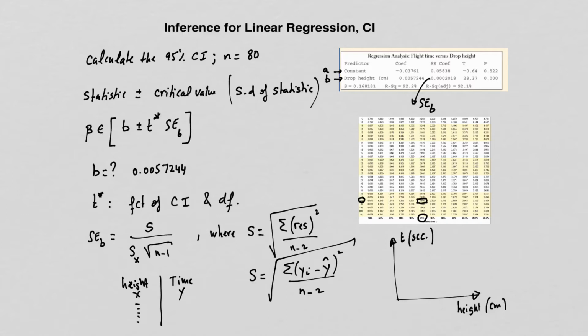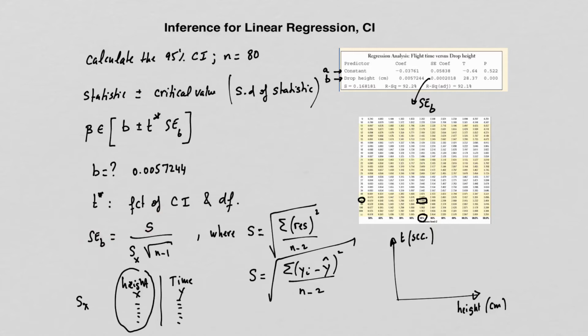And you record your data, you just find one var stat and find Sx, the standard deviation of this guy, and that is this one. So the standard deviation of the independent variable, in this case height, you hit it with square root of 79 because n is 80, and that is just the denominator of your standard error.